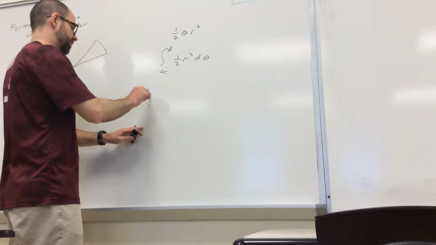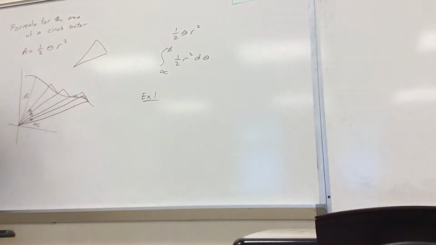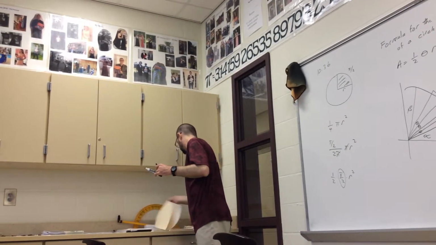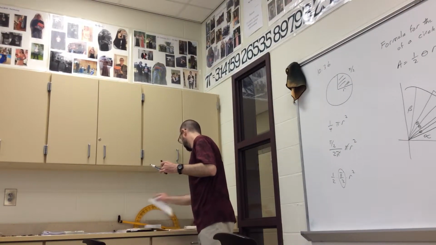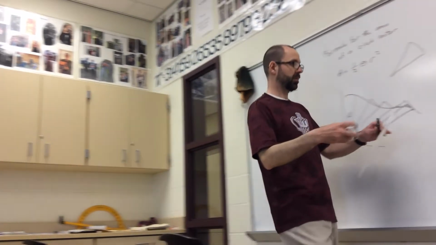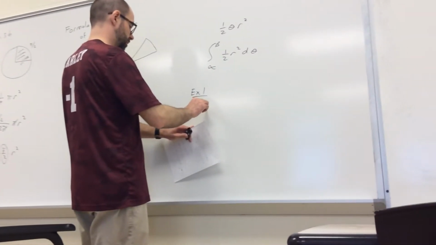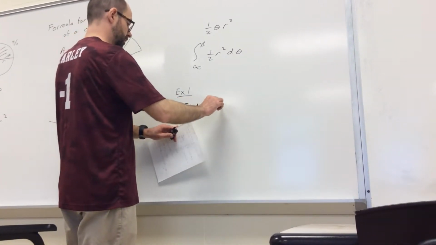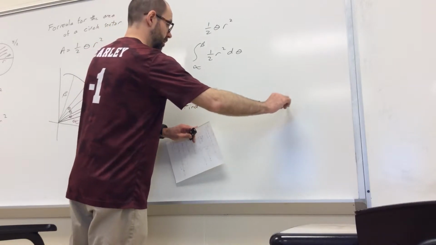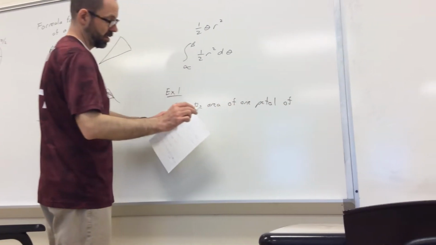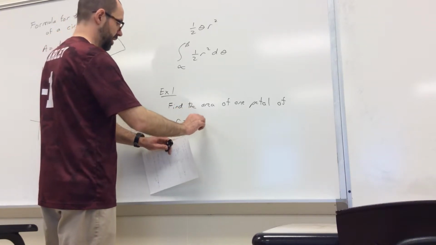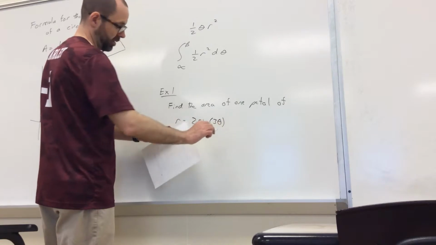So for example 1, to find the area of one petal of the polar curve r equals 2 times the sine of 3 theta.